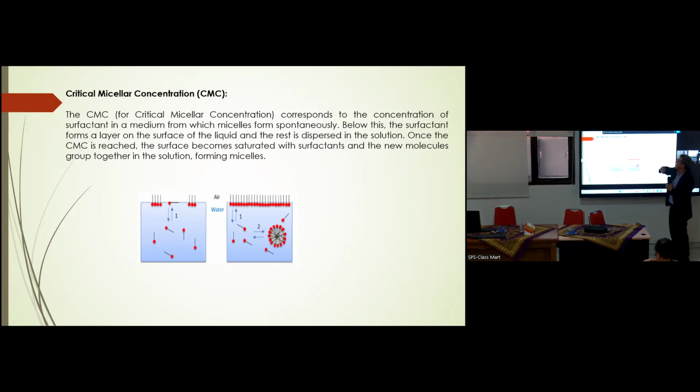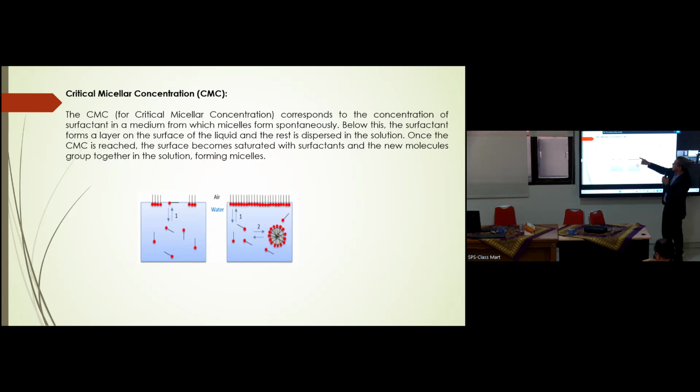So the CMC, critical micellar concentration, corresponds to the concentration of surfactant in a medium from which micelles form spontaneously. Below this, the surfactant forms a layer on the surface of the liquid, and the rest is dispersed in the solution.